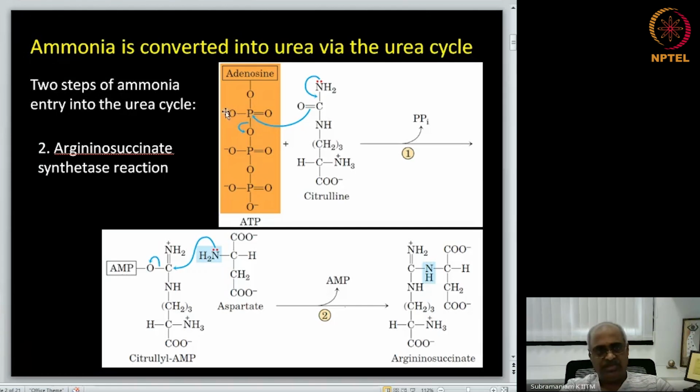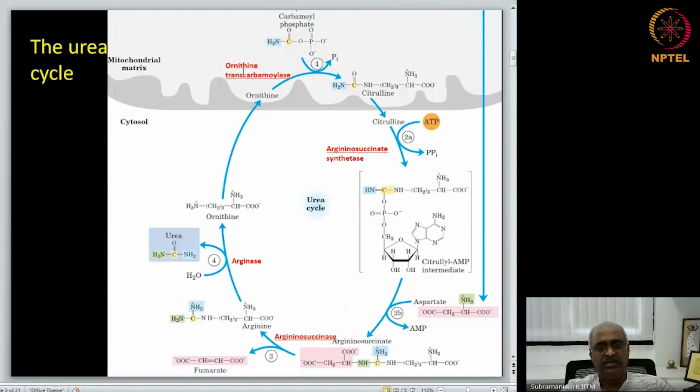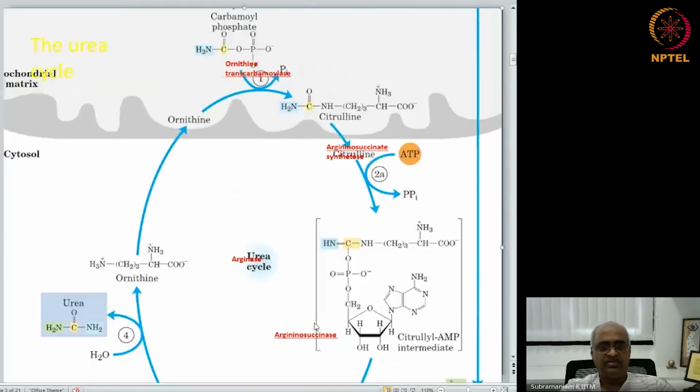But you see here, you're going to have two acid groups, inorganic acid groups, available that could form an ester with another hydroxyl group in the ribose of adenosine. Yeah, so here you have ribose.